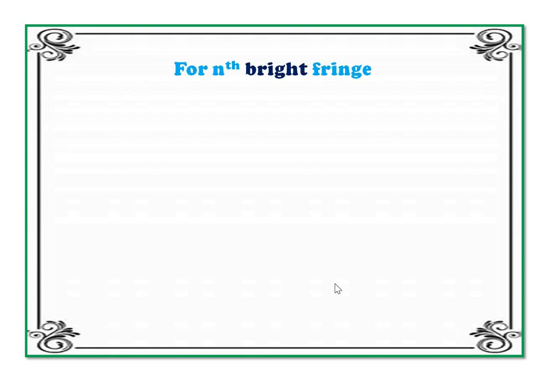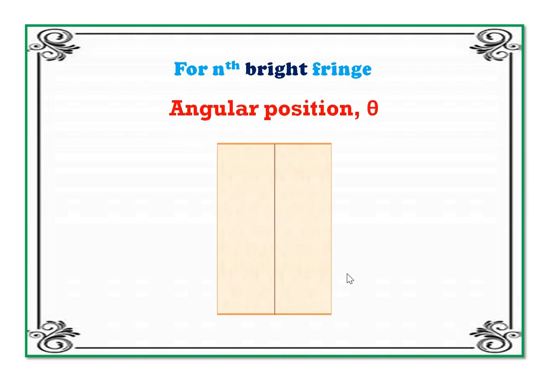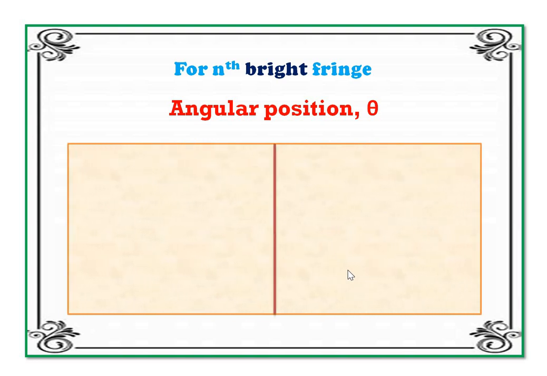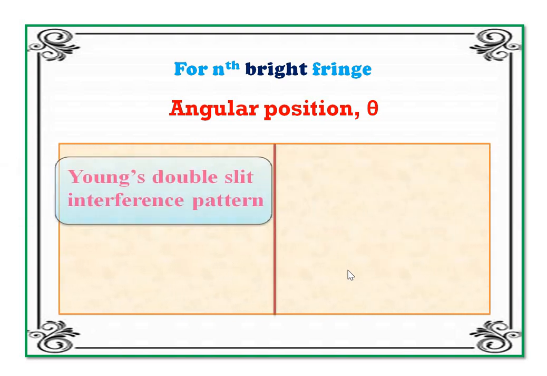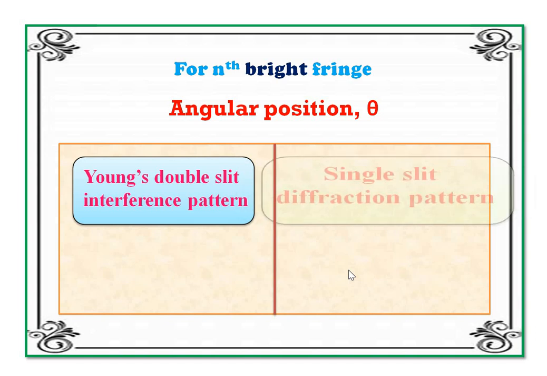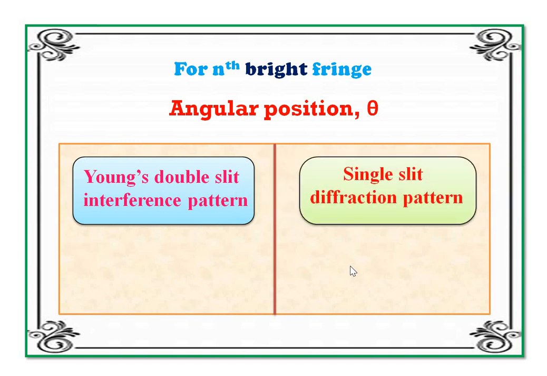For the nth bright fringe, the next quantity is the angular position theta. In Young's double slit interference pattern, the formula is n times lambda divided by small d. In single slit diffraction pattern, the value becomes n plus 1/2 times lambda divided by small a.